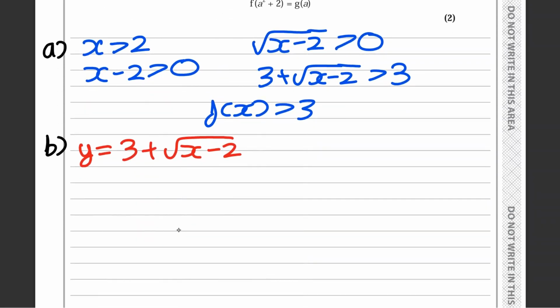So what we're going to say is we're now going to say that x is equal to 3 plus the square root of y minus 2. And what we're going to do is rearrange in order to make y the subject, and this will give us the inverse.